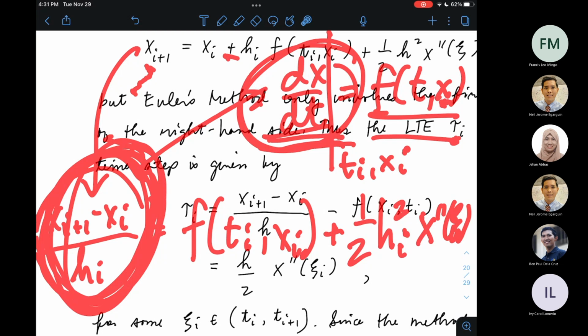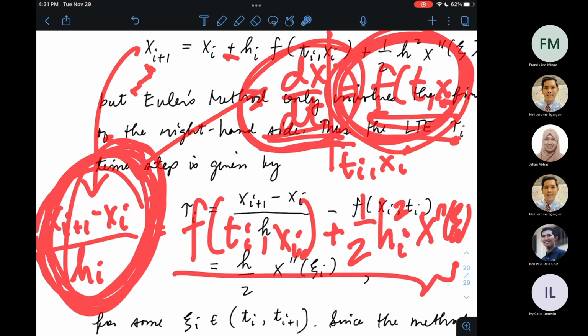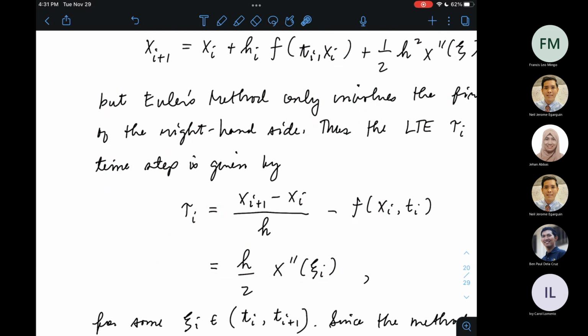If you take the difference between them, that's what we call the local truncation error, and we denote it by tau sub i, right? So essentially, kunin mo yung difference, f of t sub i comma x sub i minus this guy, what will be left would be h sub i squared over 2 times the second derivative evaluated at the number c. And hence what you see over here.